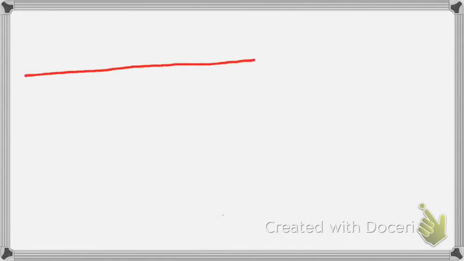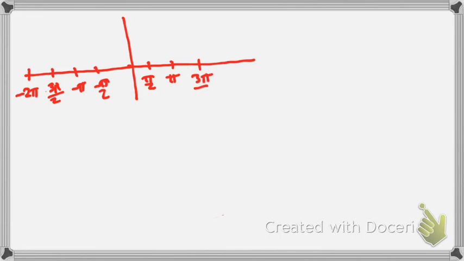This graph is going to look like this, but now we're going to have our different periods, or different labels. So negative 2 pi, negative 3 pi over 2, negative pi over 2, 0, and then we're going to have pi over 2, pi, 3 pi over 2, and then 2 pi.